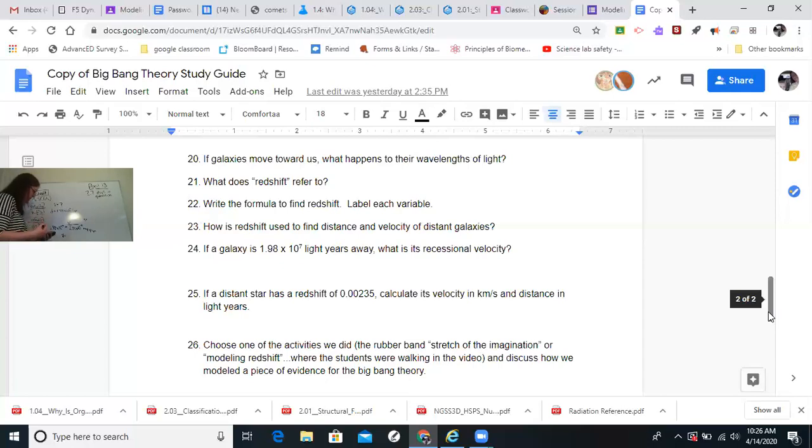So, anyways, this is what I got: 457.4. I rounded, and the units that I'm left with, light years, cancel out. So what we're left with is kilometers per second. So velocity is over here in kilometers per second.